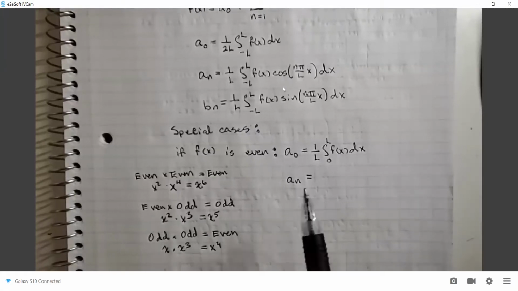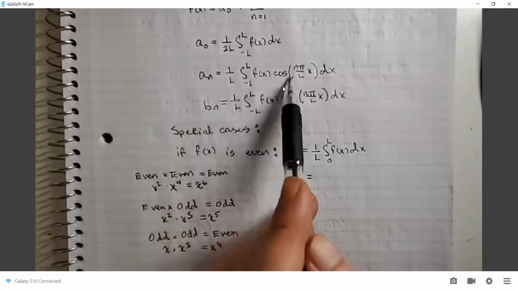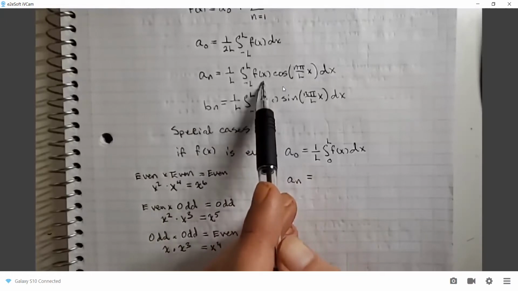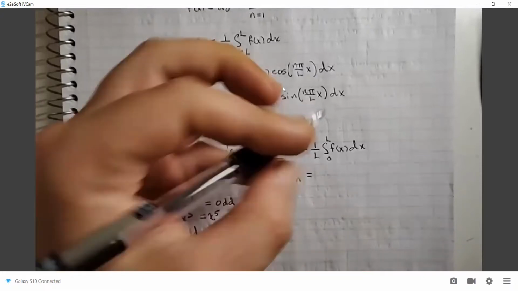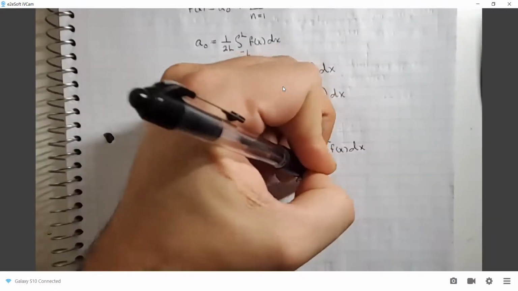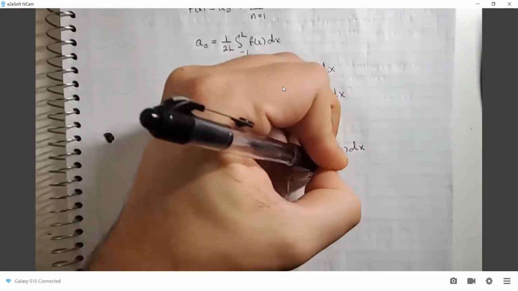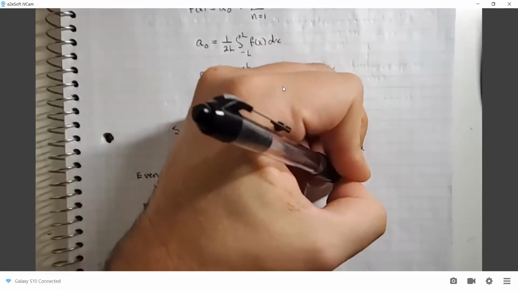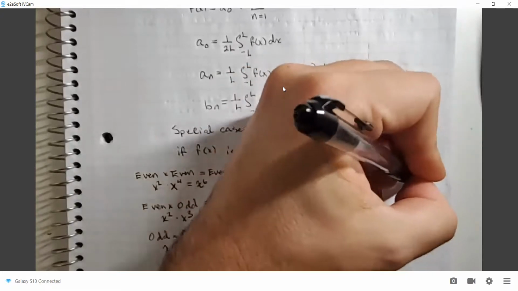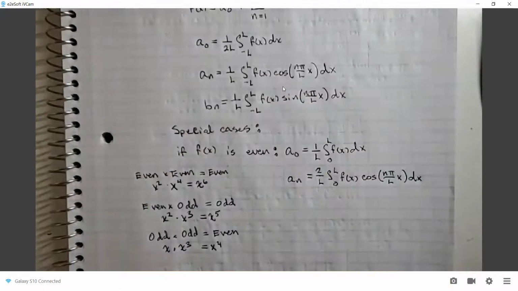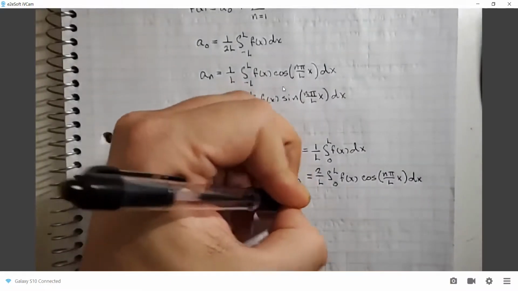Okay. So that means that for an, if f of x is even, then you could double it. All right, and then what about bn if f of x is even?